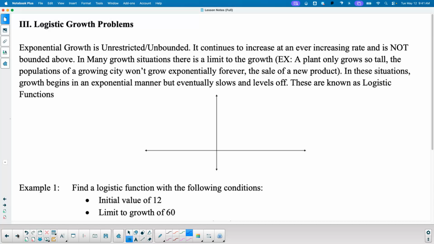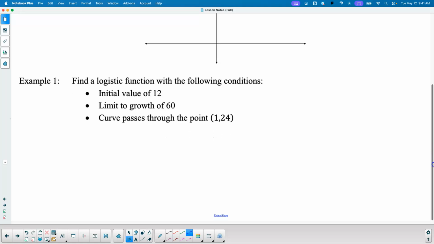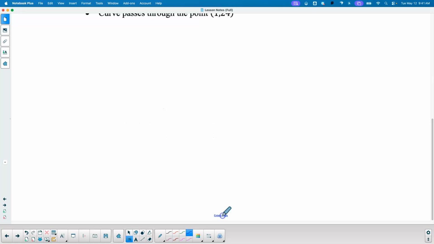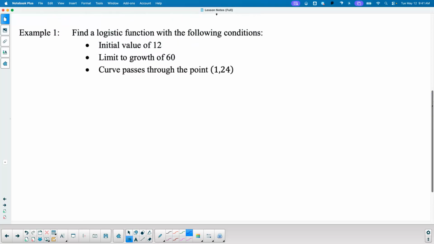We've already graphed it. We're good to go there. So let's come up with a logistical function based off of this scenario. What can you tell me about an initial value of 12?